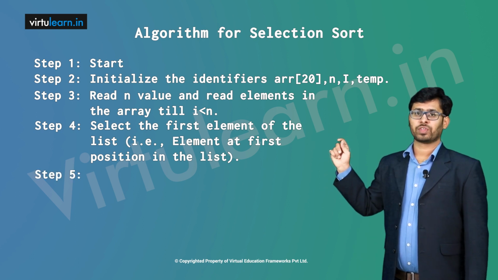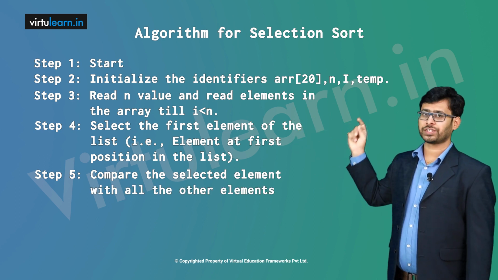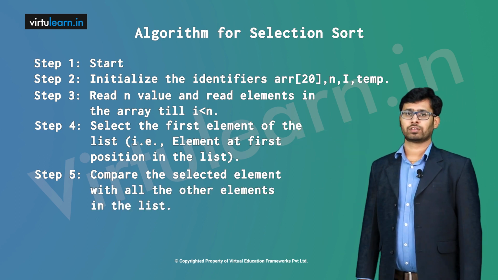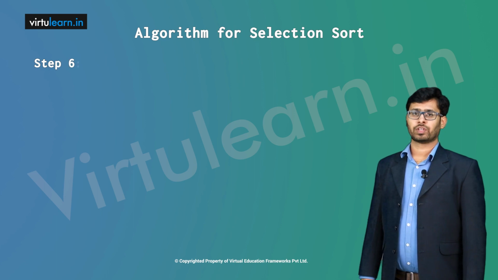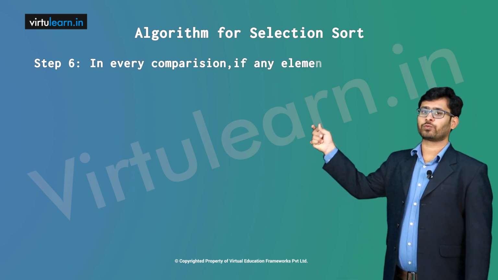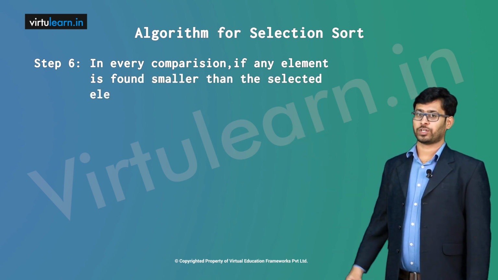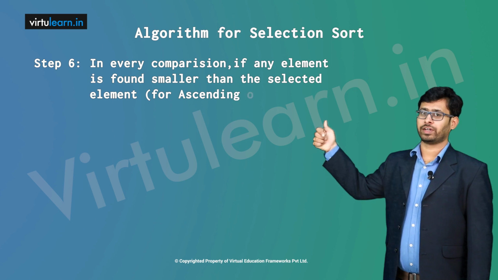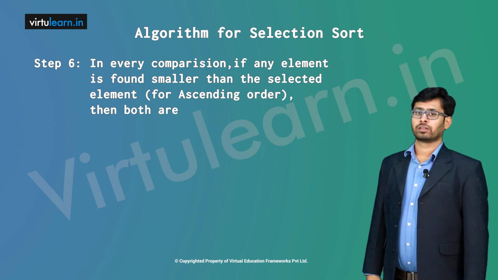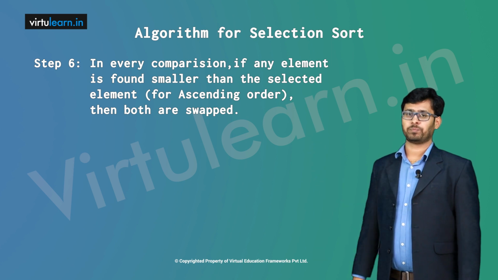Step 5, compare the selected element with all other elements in the list. Step 6, in every comparison, if any element is found smaller than the selected element, especially we are discussing for ascending order, then both elements are swapped.